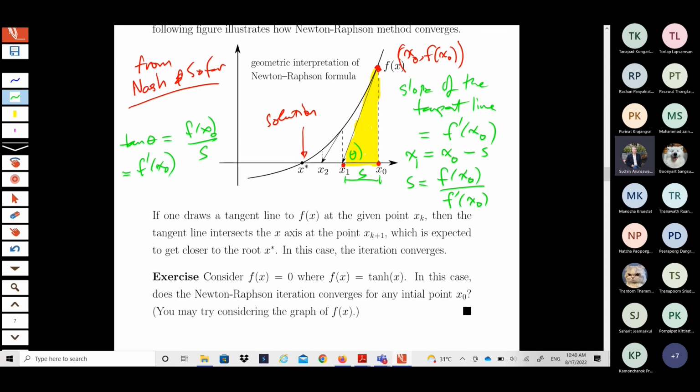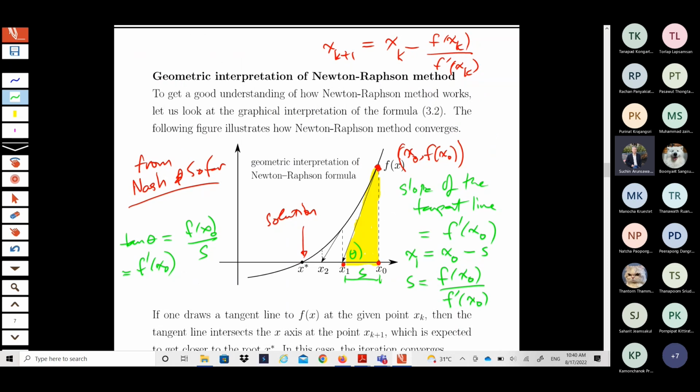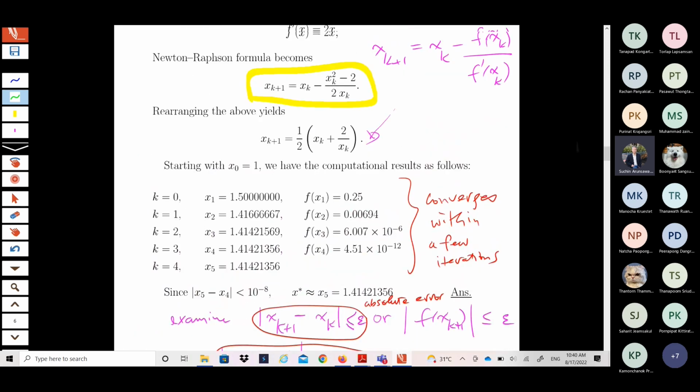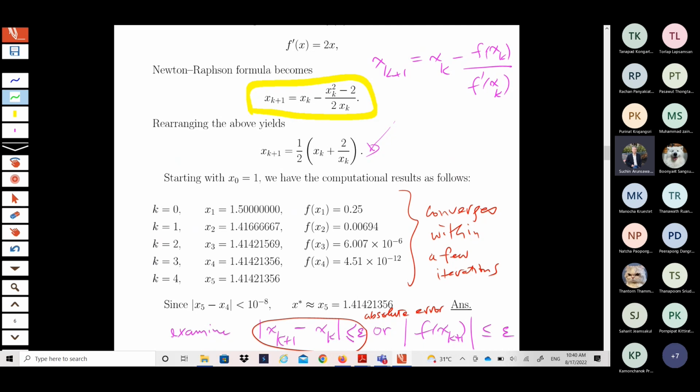So x1 is actually the x1 obtained from the Newton-Raphson formula. So in the scalar case of a nonlinear equation, when we do the Newton-Raphson, we can do that by computation.